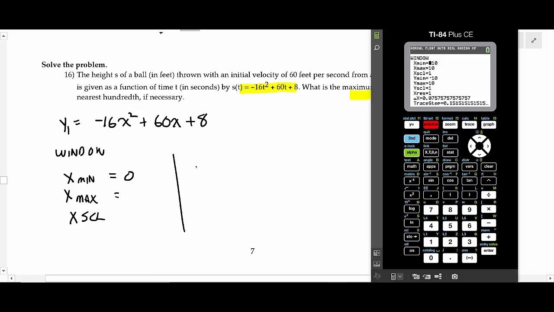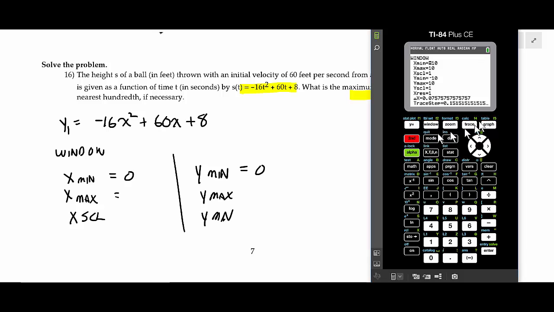Okay, now the y's is the same way. The smallest y needs to be 0 because that is a height, so we're not going to have negative heights. And then we need to figure out what the y max is and what the y min is. So here's what I do, and this is what I recommend you do, is just look at your table and look at some of the values.